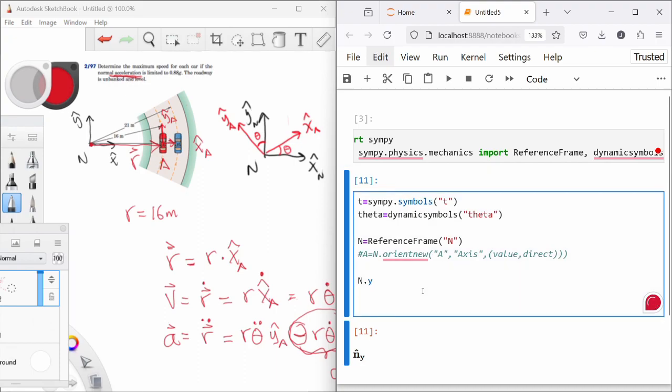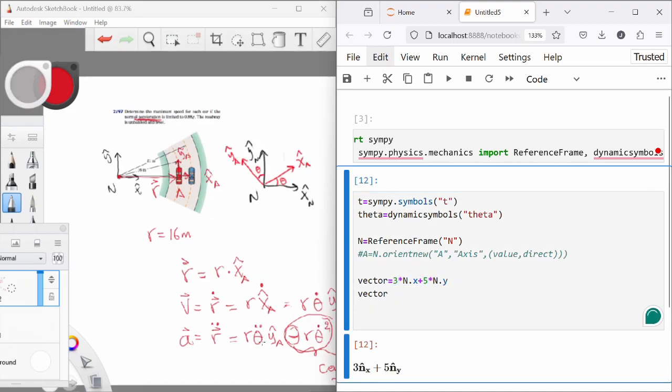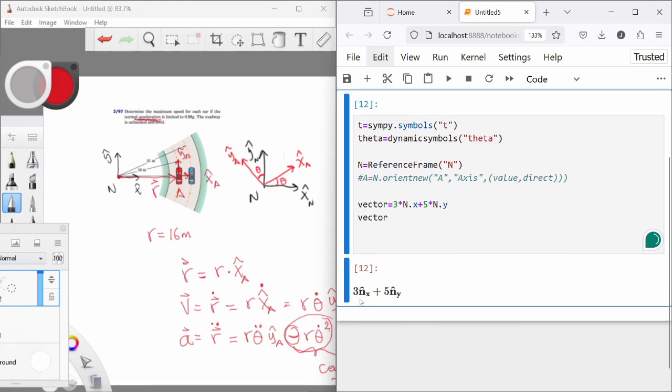So if I want to create a vector that has 3 units, in this case we are working with meters, so let's say 3 meters in the x coordinate, and then 5 in the y coordinate, you can create the vector this way and observe the vector as an output of your cell in the Jupyter notebook.